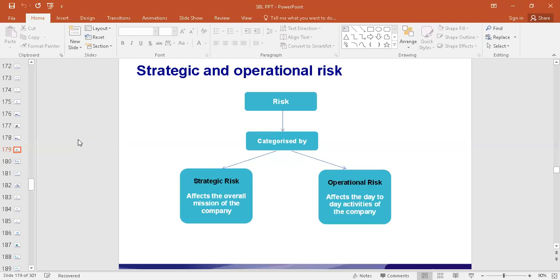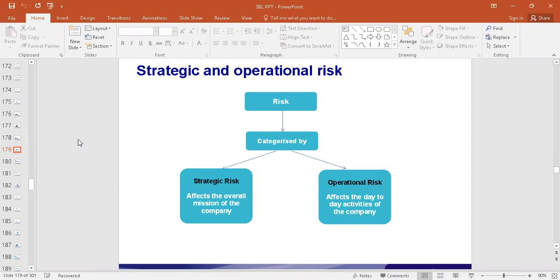If there is a risk connected to strategy, and strategy is a plan for the organization, strategic risk is the risk that the strategy or the plan of the organization will fail. When the planning involves the entire organization, that's called a strategic plan.